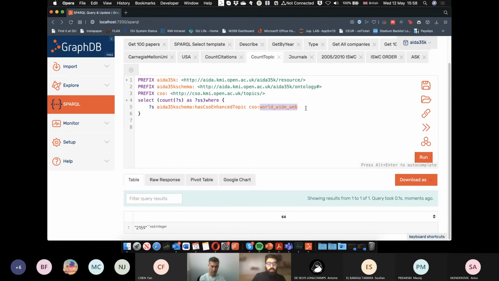In this case, I'm interested in artificial intelligence. I know that artificial intelligence is written like this because I designed the dataset. But if you want to know exactly what the unique set of topics is, you can think of running a query that does the distinct of all the topics that are in CSO as a topic.